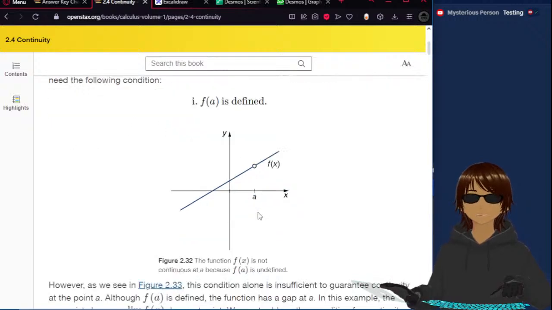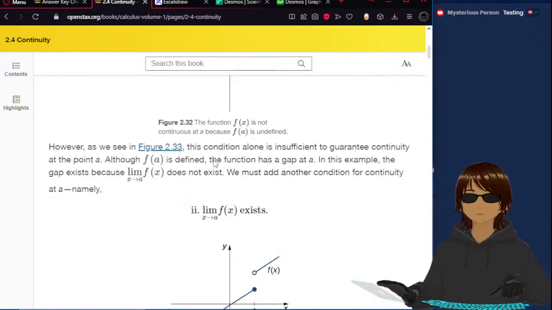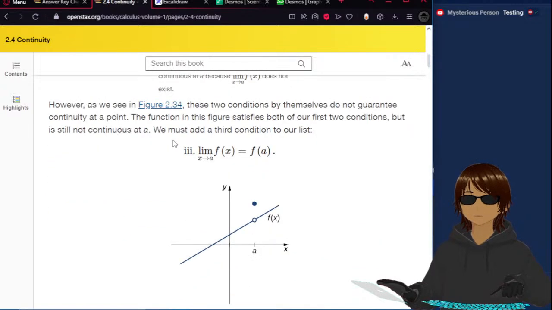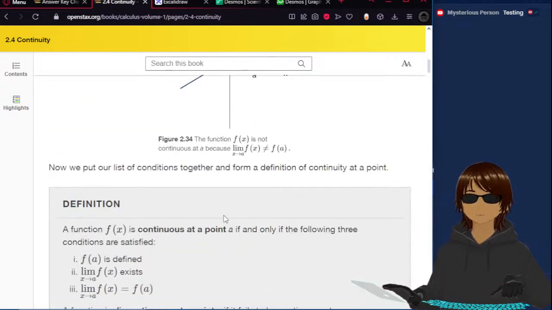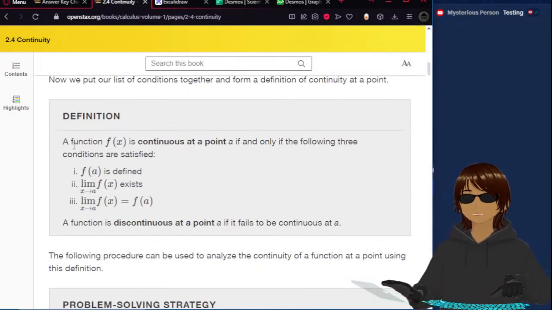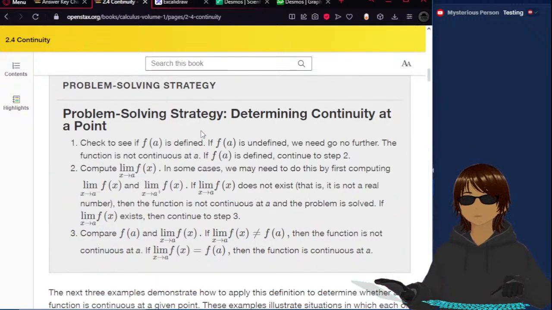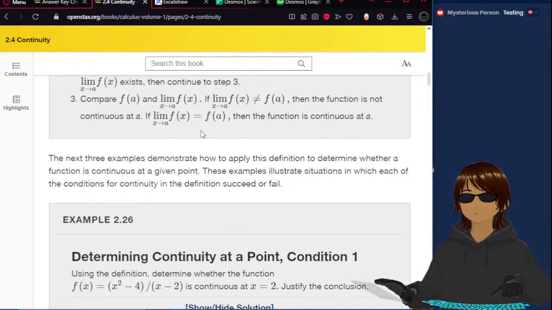F of a is defined. That's it. Oh, limit exists. A function f of x is continuous at a point a if and only if the following three conditions are satisfied. F of a is defined, the limit exists, and the limit is f of a. Otherwise, it is discontinuous.